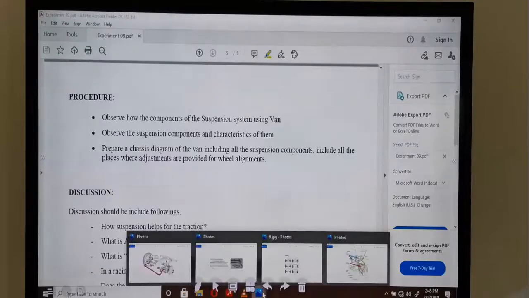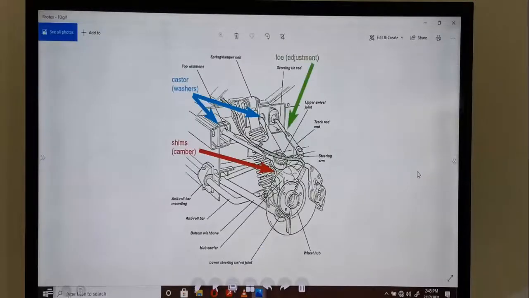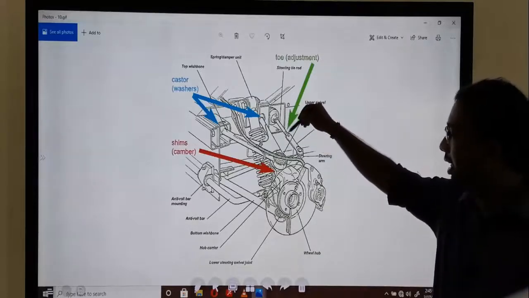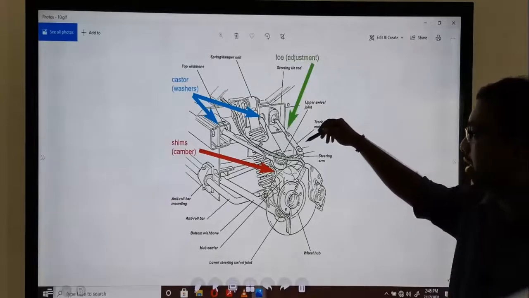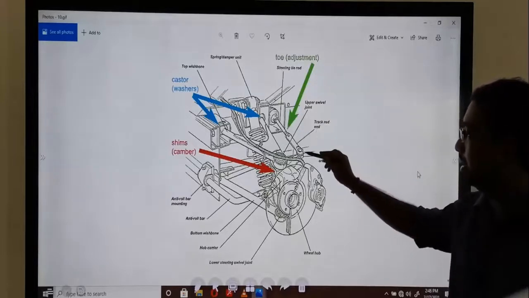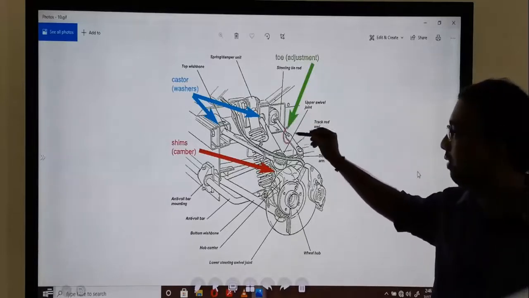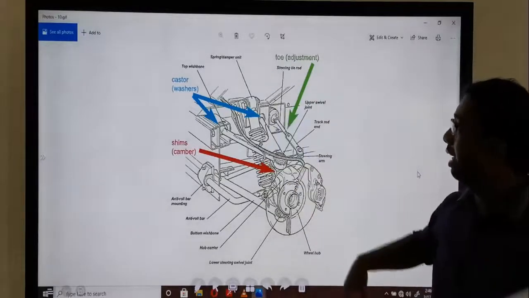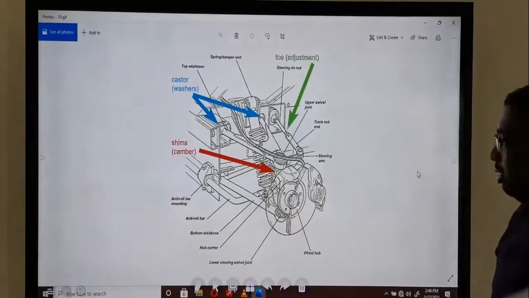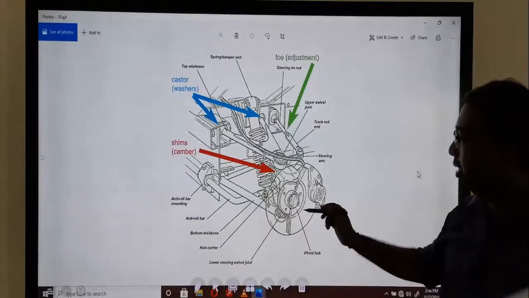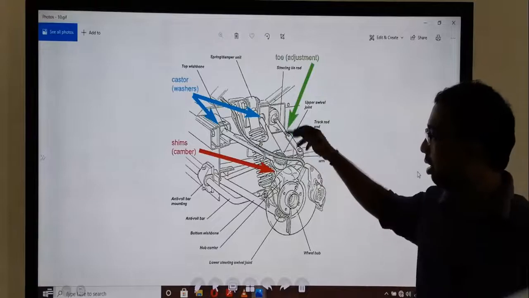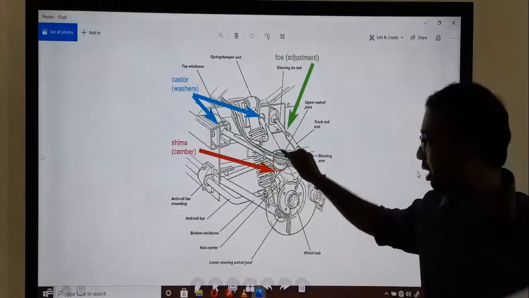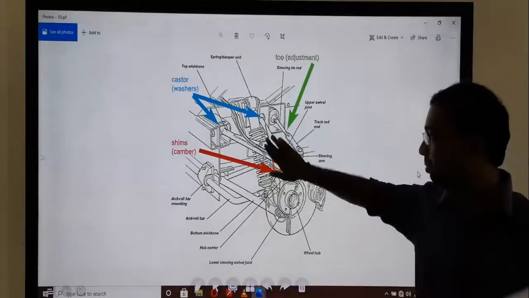For example, here you can see the toe adjustment is made at the steering tie rod, which has a ball joint. There is a screw here, and according to the thread we can adjust the toe. For camber, this is the higher wishbone arm, which is connected here with a shim.